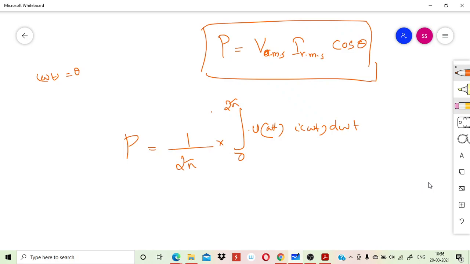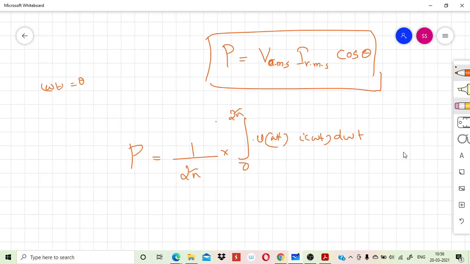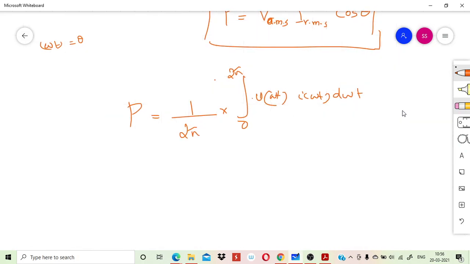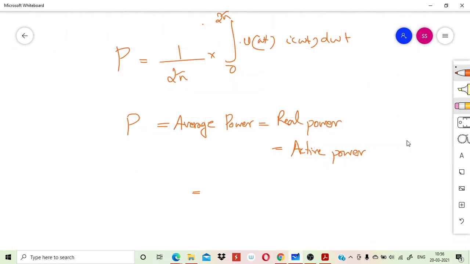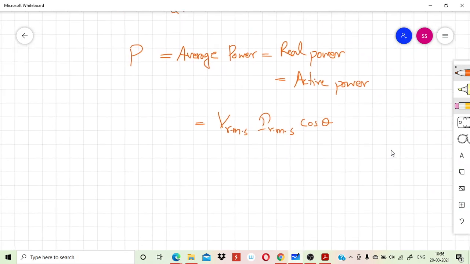If you do this, finally you will get P equal to the average power, and that is known as the real power, or the active power. These are the different names of this average power, and that is equal to VRMS into IRMS into cos theta, cos of the angle between V phasor and I phasor.